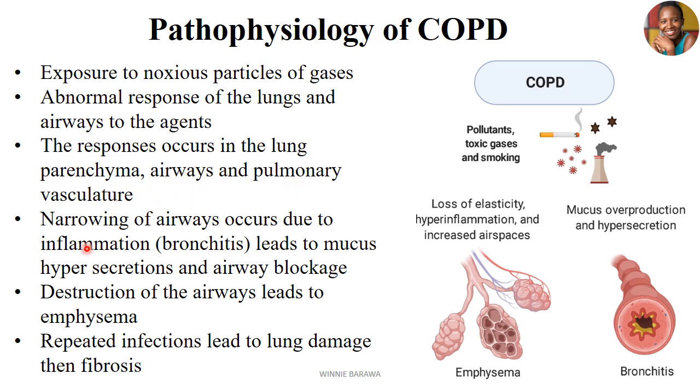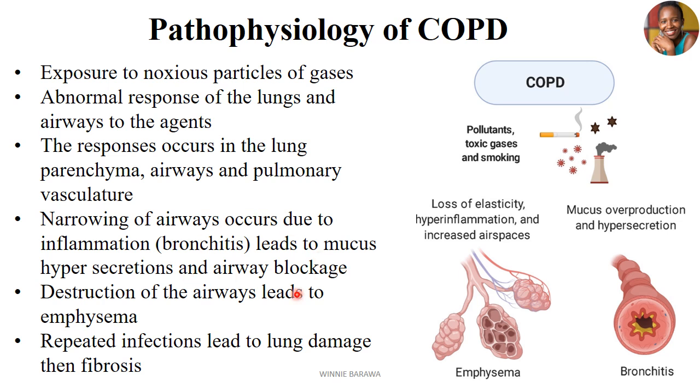So this stimulates inflammation, what we are now describing as bronchitis, and this leads to narrowing of the airways, also mucus hypersecretion, and at the end of the day, we end up with airway blockage. So the starting point is the irritants that stimulate inflammation of the parenchyma, airways, and vasculature, which leads to production of excess mucus that is very gelatinous and airway blockage.